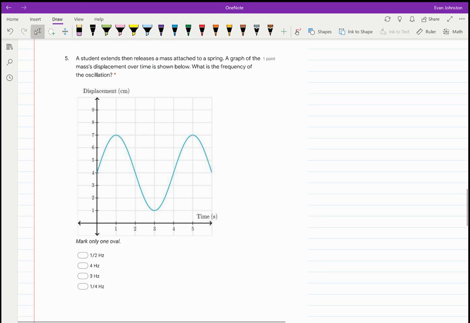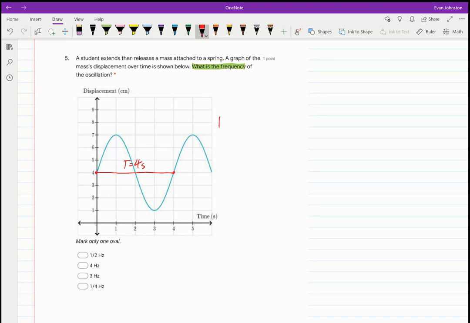A student extends some mass attached to a spring. A graph of its displacement over time is shown. What's the frequency? Oh, this is like that first question we had, but it's actually the graph we just looked at before. We already know the period here is 4 seconds.